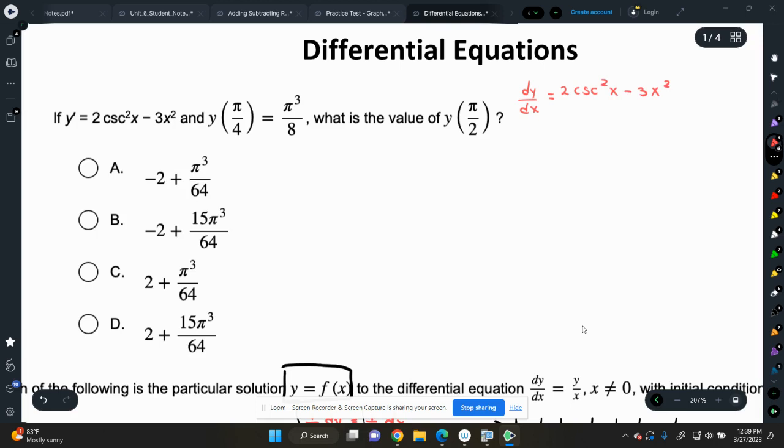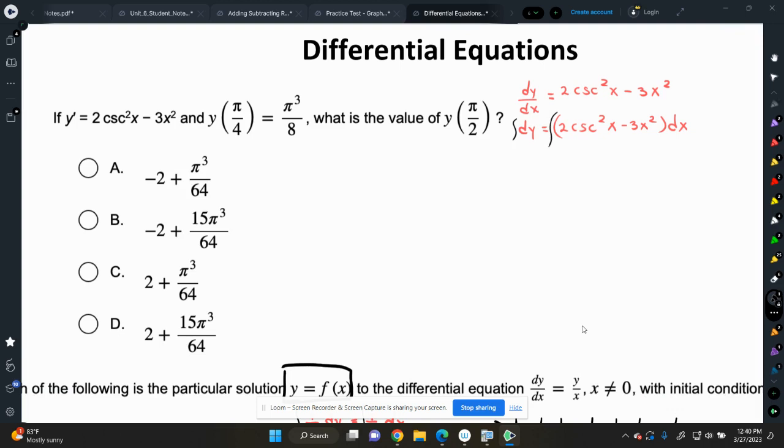So if I want to find the value of pi over 2, I need to find the equation for y. So I need to do the same thing here again. Okay, so question? Okay, so we're going to multiply both sides by dx. 2 cosecant squared x minus 3x squared dx. Okay, and then what? Yeah, we're going to integrate both sides. Good.